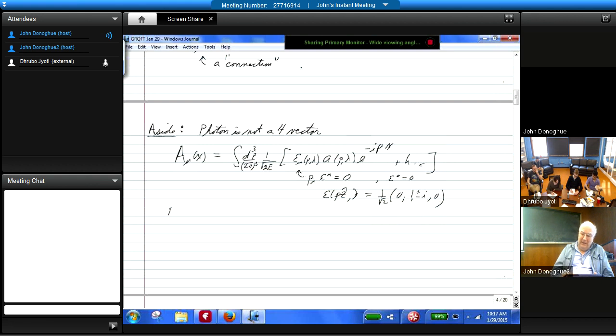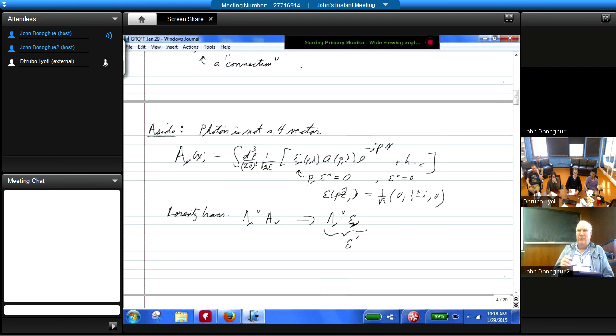But if you do a Lorentz transformation, A mu goes to lambda mu nu A nu, which implies epsilon mu goes to lambda mu nu epsilon nu.